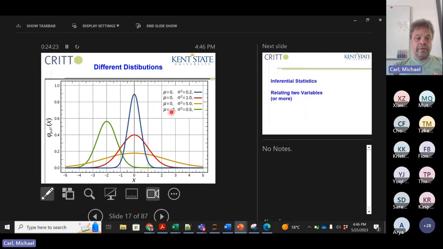For instance, we have the very pointed distribution here, where we have a standard deviation of 0.2, or we have a very flat distribution here, the yellow one, where we have a standard deviation of 5.0. Or the mean can be shifted towards the left or the right. So the amazing thing is that we can characterize a distribution by only these 2 values.